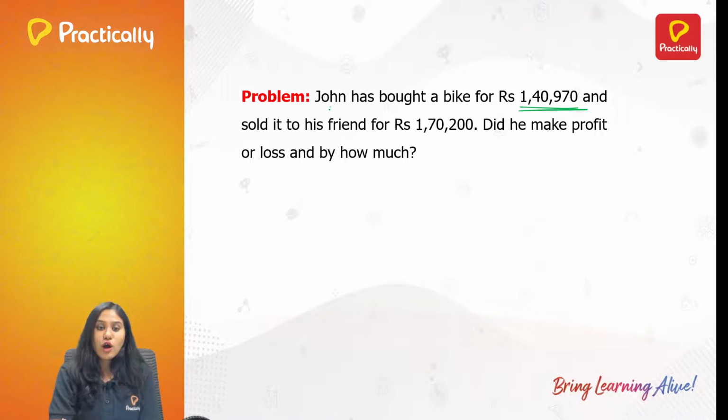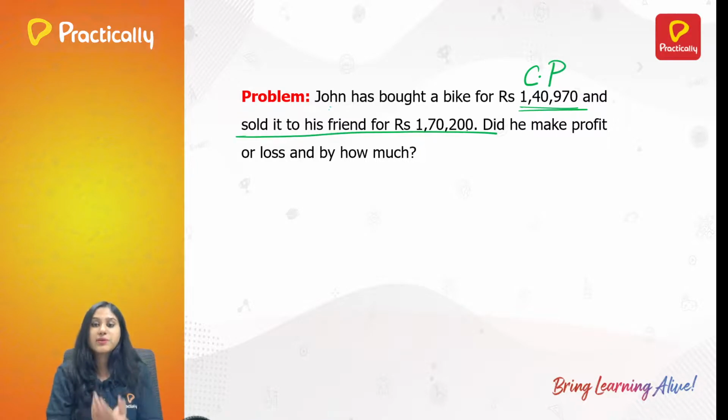John has bought a bike from somewhere, so this will be the cost price, and sold it, that means selling price. So we have decoded from the problem what the selling price and cost price are. Now let us see if he makes a profit or loss.